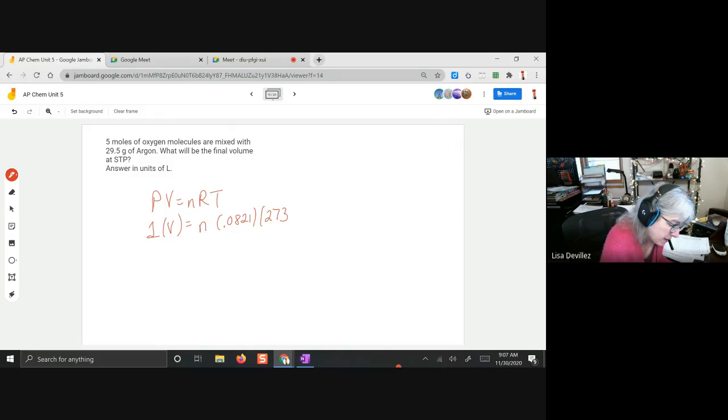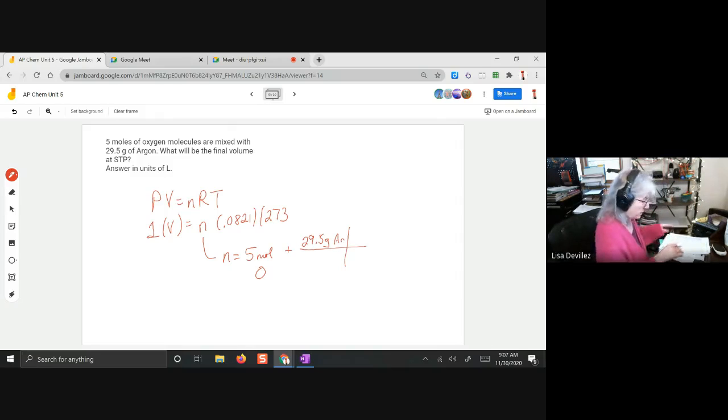So my N is going to equal, in this case, the 5 moles of oxygen, okay, plus then I have argon, so 29.5 grams of argon, and it is 39.9 grams in 1 mole. So however many moles you get of the argon, add those together, and that's what you'll plug in for your moles for that one.